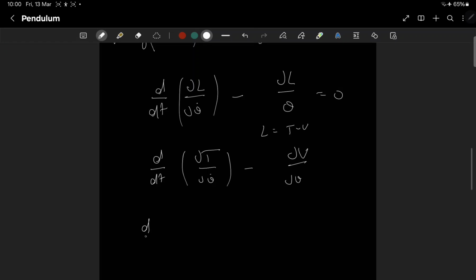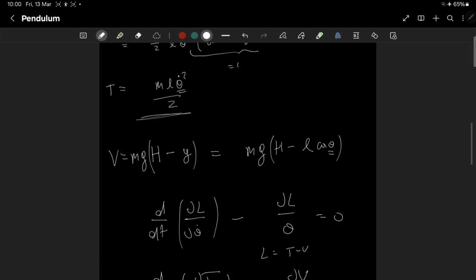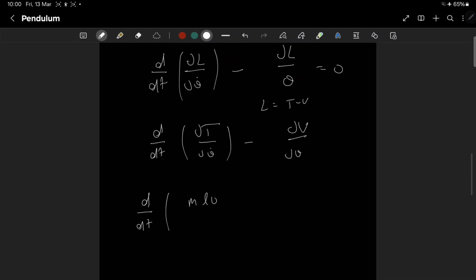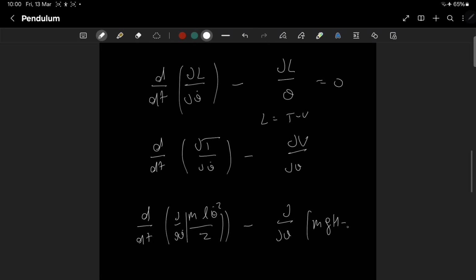So this gives me d by dt of partial T by partial theta dot, where T is ml theta dot squared over 2, minus d by d theta of mg(H minus L cosine theta).